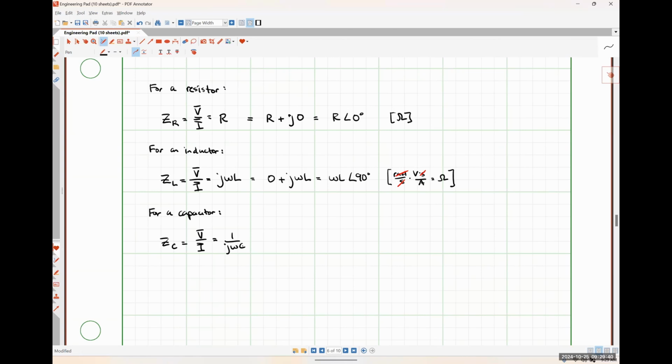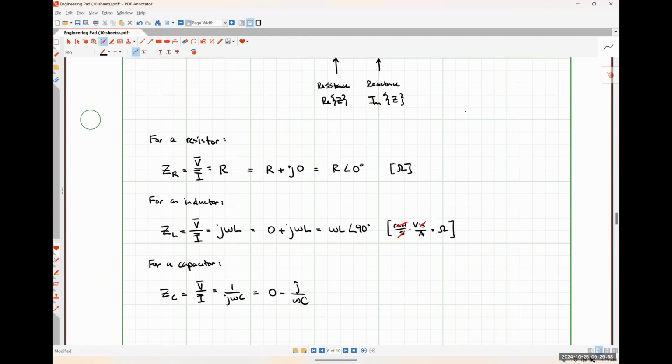Okay, so in rectangular form, this looks like 0 minus j over omega C. Now, I'm sure some of you are seeing that negative sign and saying, where the hell did that come from? So let me explain that really quickly. I'm just going to sneak it in up here, right?